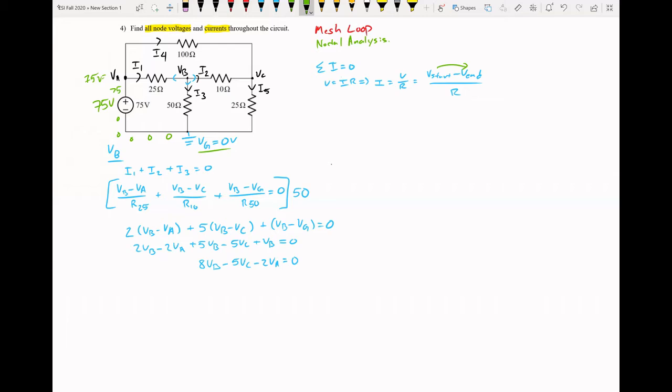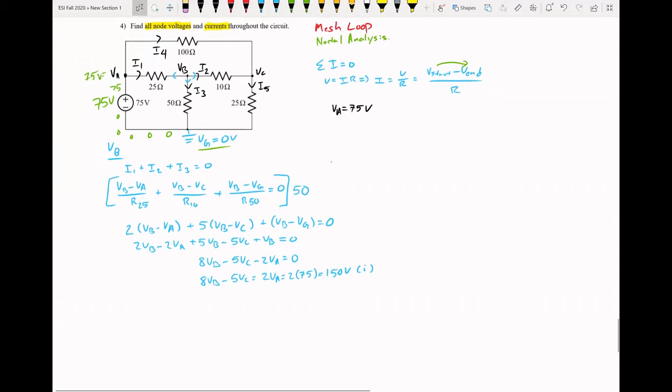So we know V of A. So let's go down here and replace that. We can get 8V of B minus 5V of C is equal to 2V of A, which is equal to 2 times 75, which is 150 volts. So that's our first equation.